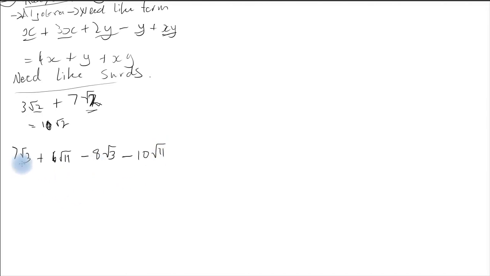We've got a root 3 term here and another root 3 over here. So 7 minus 8 gives us minus 1, so that's minus root 3, plus, and then these two terms are like surds as they both contain root 11. So 6 minus 10 gives minus 4 root 11. And that's our final answer.